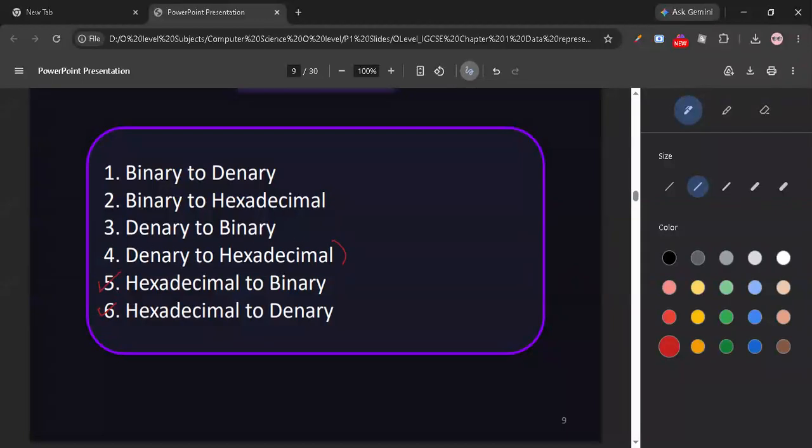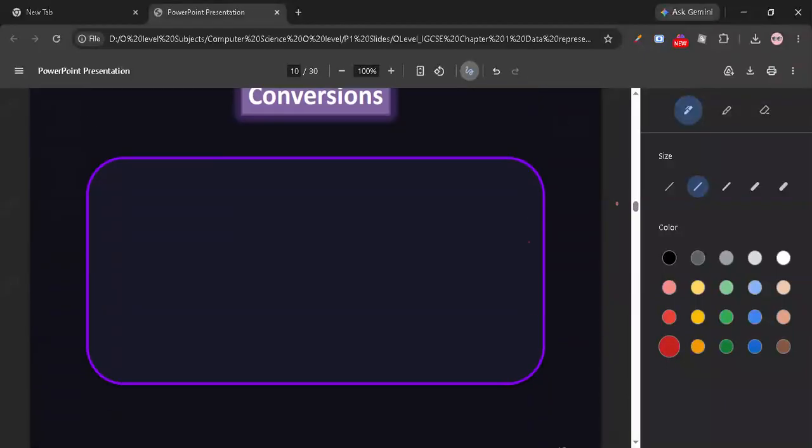And denary to hexadecimal is left, so let's do this. In denary to hex, what we have to do is denary to binary, and then to hex. How do we do it?